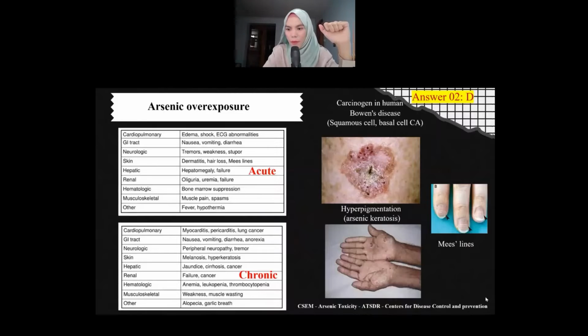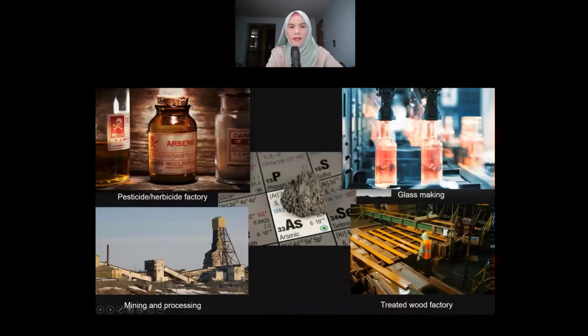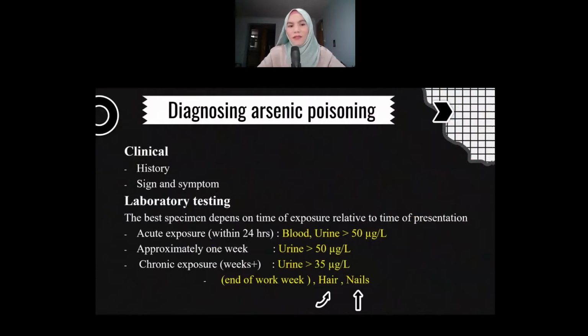Which work is a risk? A. Pesticide or herbicide factory. B. Mining and processing. C. Glass making. And D. Treating wood factory, or wood processing. Yes. How to diagnose: history, signs and symptoms, and laboratory.